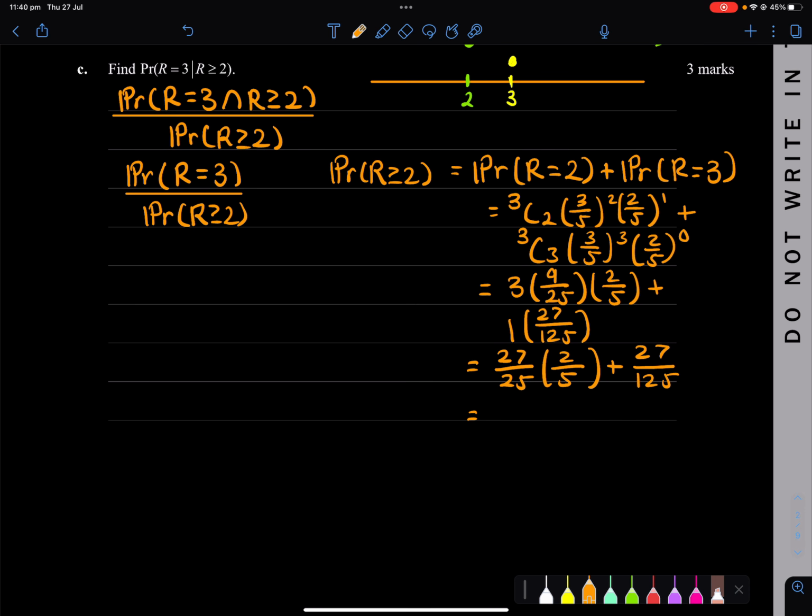So it's 27 times 2, which would be 54 over 125, plus 27 over 125, which is equal to 71 over 125. Is that right? Oh, 81. Oh my God, why did I write 71 here? 81.